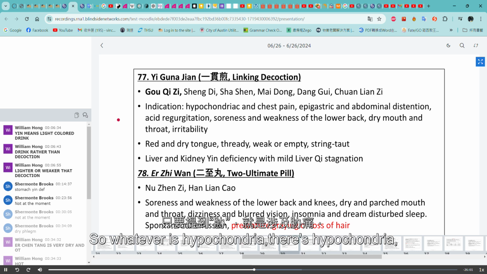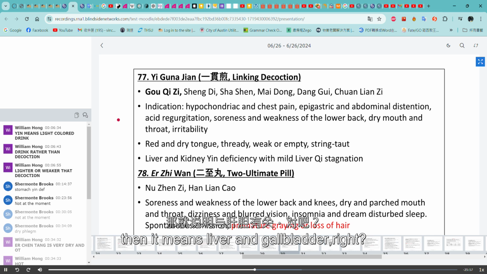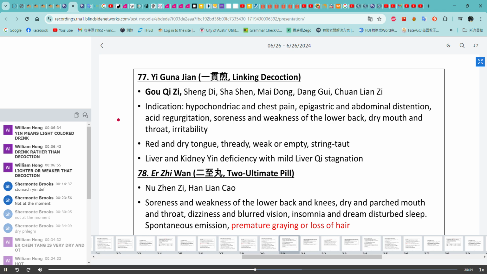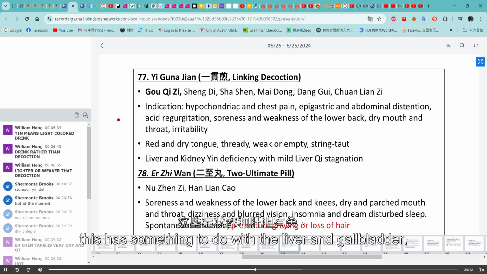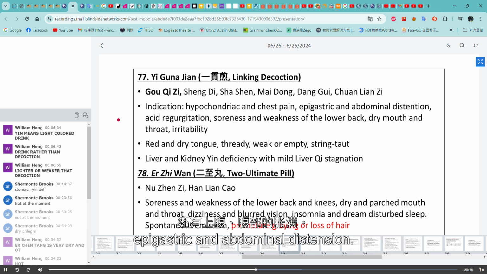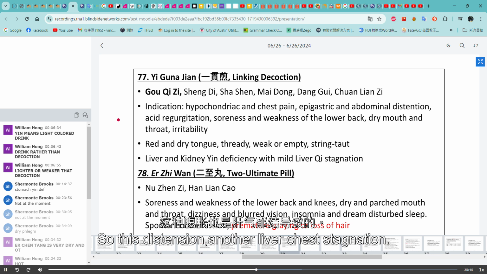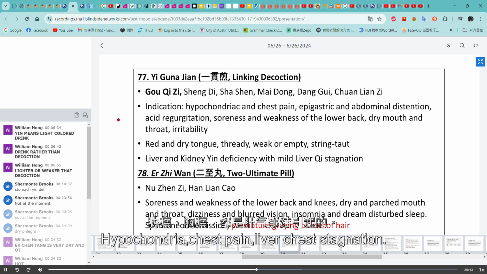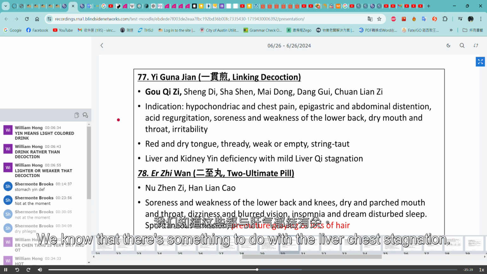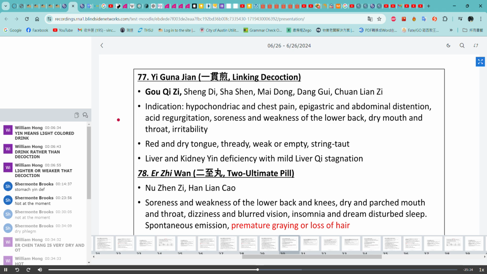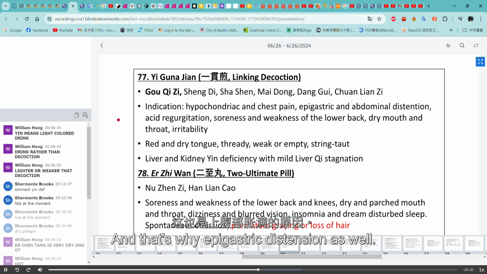Whenever there's hypochondriac pain, it means liver and gallbladder, right? So this has something to do with the liver and gallbladder. Epigastric and abdominal distension, another liver qi stagnation. We know there's something to do with liver qi stagnation. As to regurgitation, yeah, liver attacking the stomach. That's why epigastric distension as well.